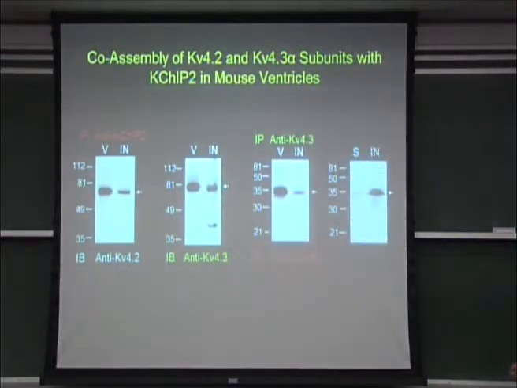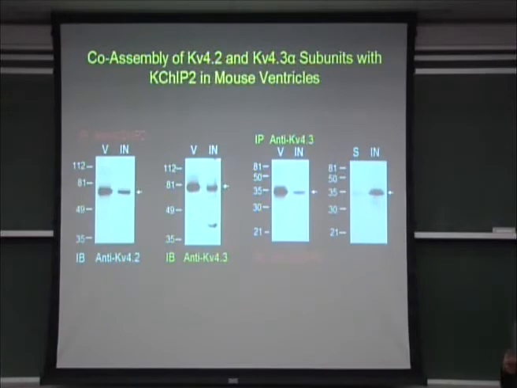So we used biochemical methods actually to probe the interaction between the K-chip protein and the KB4 proteins. In the mouse, there are two KB4 alpha subunits, 4.2 and 4.3, expressed. And we could show in co-immunoprecipitation experiments that these two subunits co-immunoprecipitated, which suggested that they both contribute to the formation of these fast transient outward current channels.